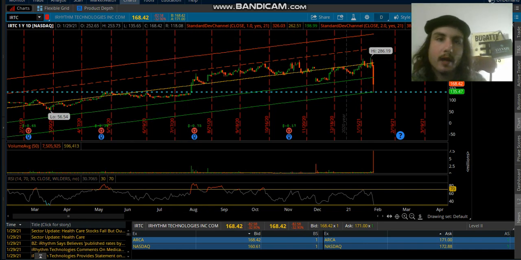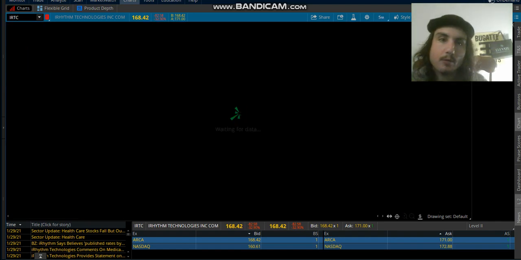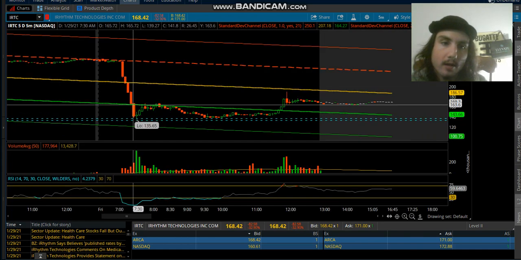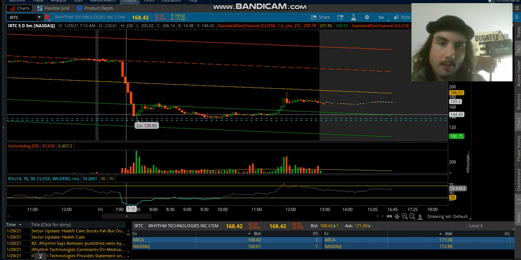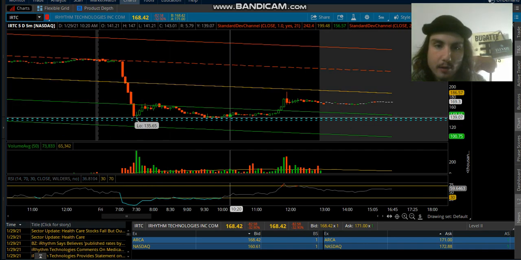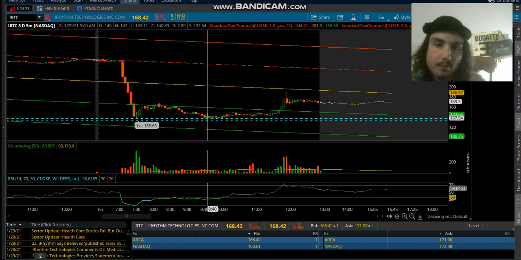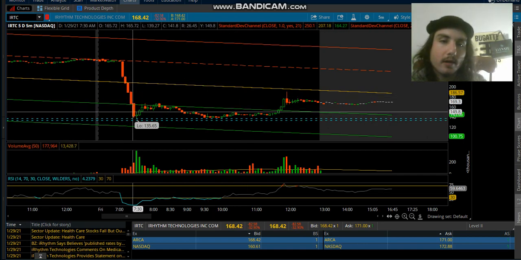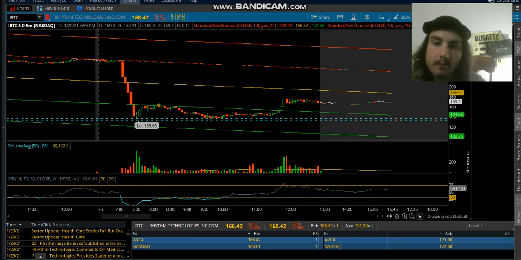So all those things put together pretty much made it to where when you go to the intraday chart, right at those levels, we had a really good bounce. Kind of came back down, consolidated, and from what I could see here, it made an inverted head and shoulders, just not as clean as it could have been.